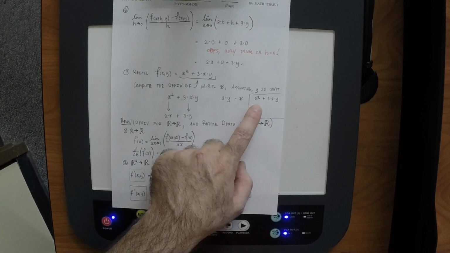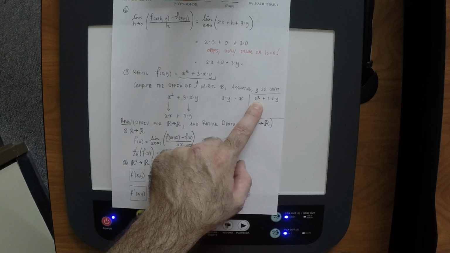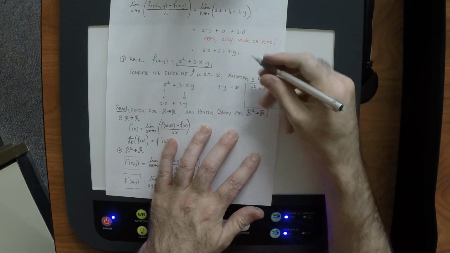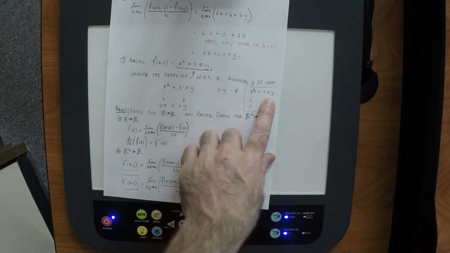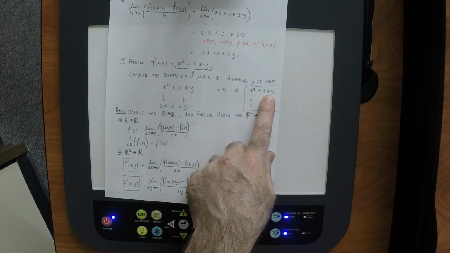What is the derivative of x squared with respect to y? 0. Why? Because x is constant. So what I'm telling you is that when you differentiate this term, you get a 0. And, well, how about this? What's the derivative of this with respect to y if x is constant?